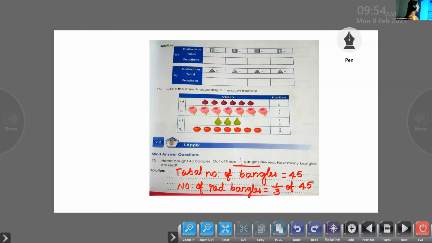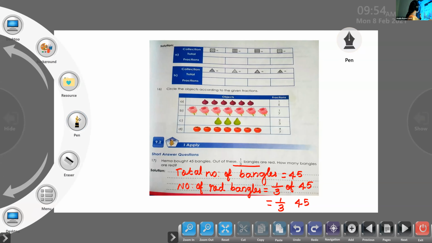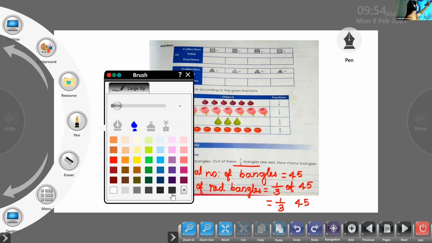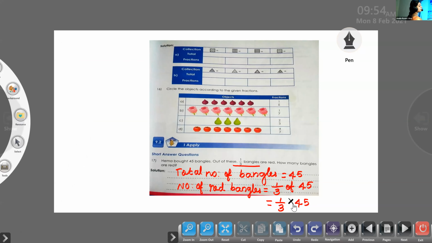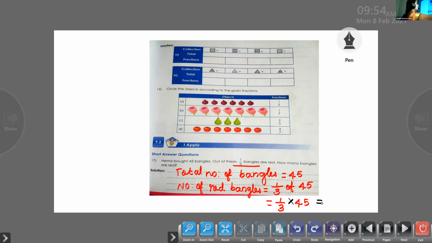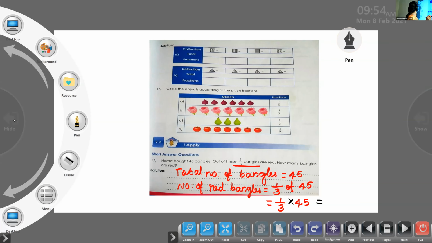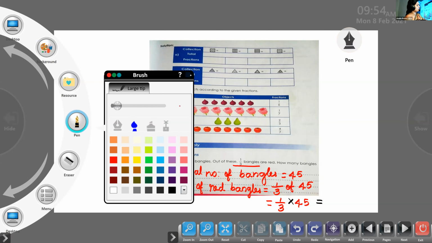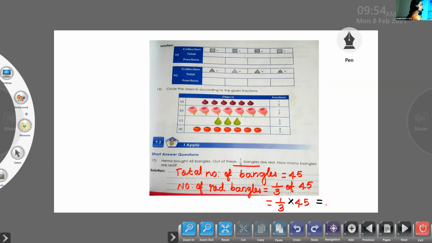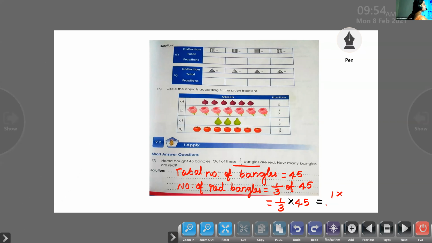So 1 by 3 of 45. First step is that you have to replace this of by into. That is the first step. 1 by 3 into 45 equal to. After that, 1 into 45 divided by 3.